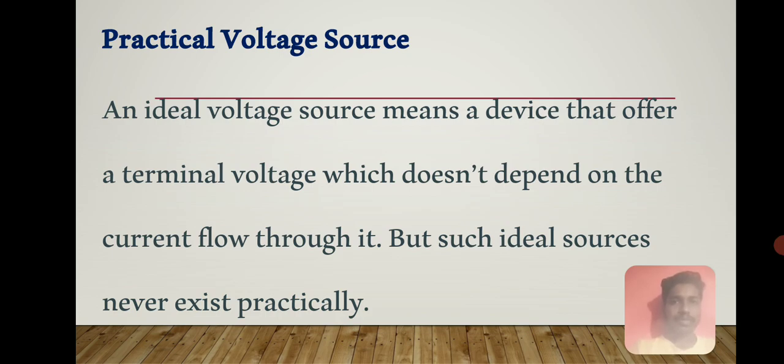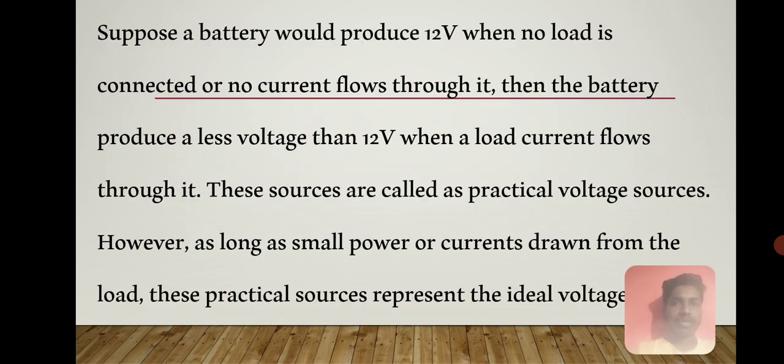Let's discuss the practical voltage source. An ideal voltage source means a device that offers a terminal voltage which does not depend on the current flowing through it. But such ideal sources never exist practically. Suppose a battery would produce 12 volts when no load is connected, or no current flows through it.